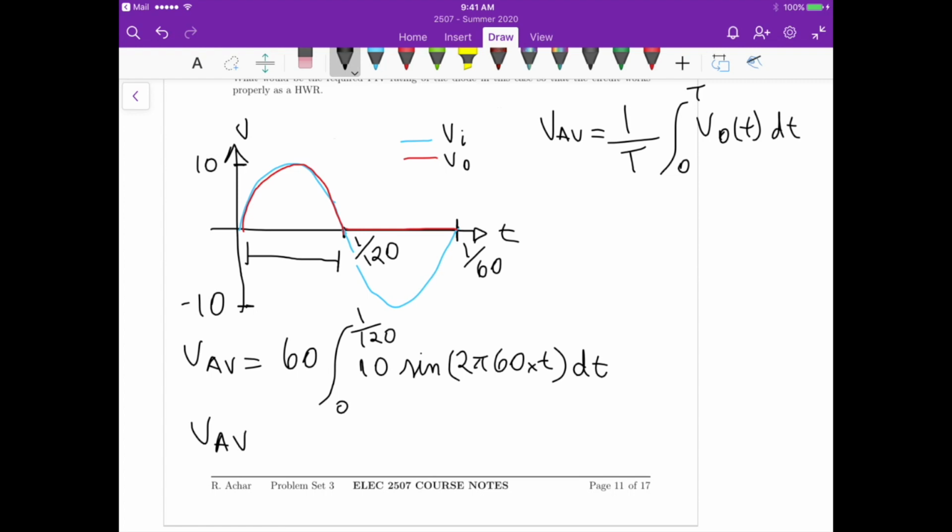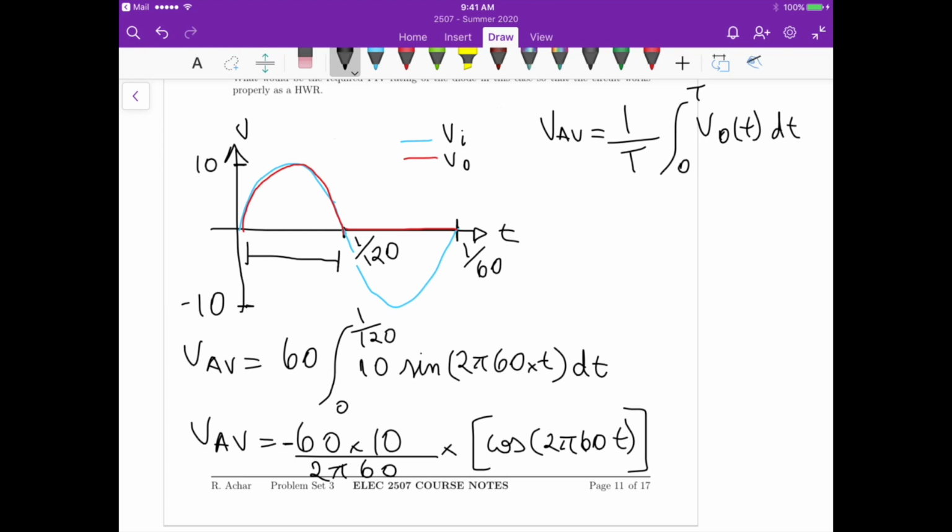The average is going to be 60 times 10. Now, the integral of sine of at is minus cosine over a, so we divide by 2 pi times 60 times cosine of 2 pi 60 t, with a negative sign, from 0 up to 1 over 120.